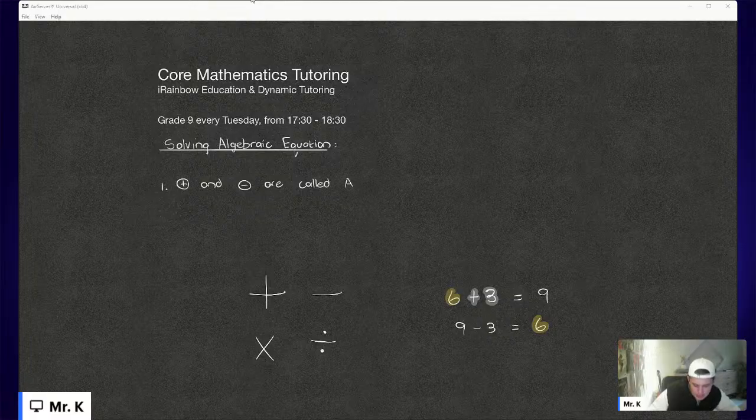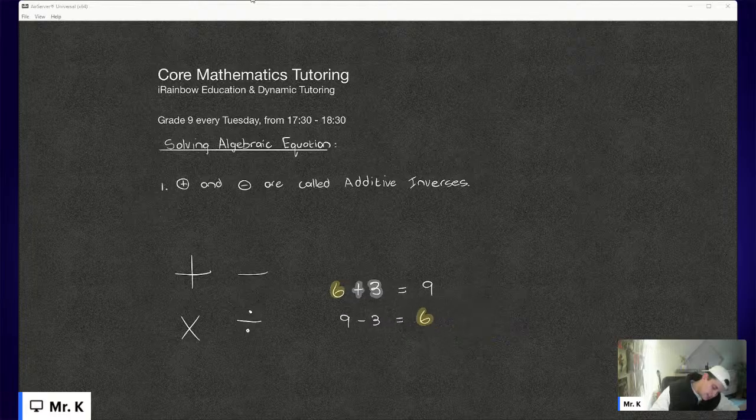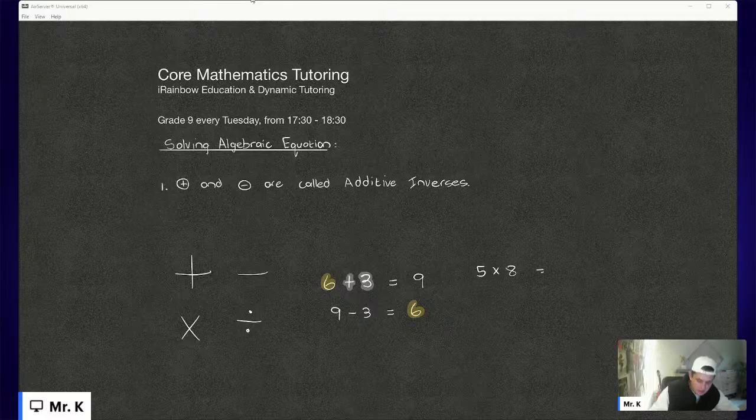Now, the same thing is true for multiplication and division. If I take a specific number and I multiply it, let's say, for example, 5 times 8, that would give me 40. Now, if I wanted to reverse the effect of multiplying by 8, I would want to go ahead and divide by 8.